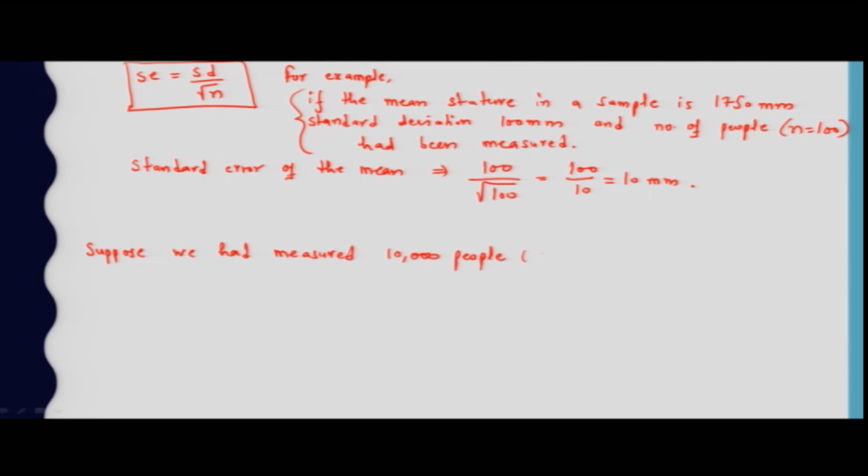It means the value of n will be 10,000, and the mean and the standard deviation were the same as in the previous case.